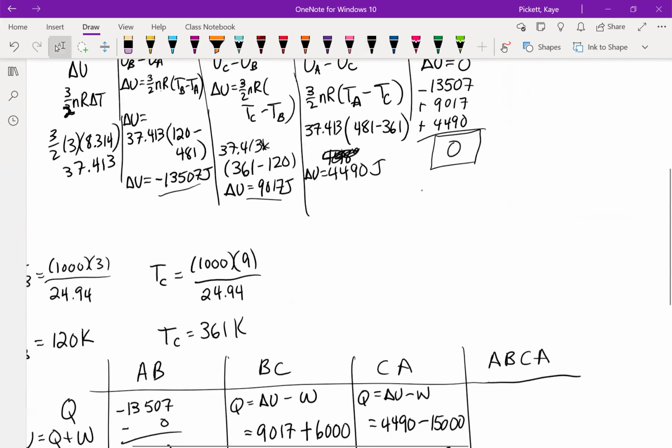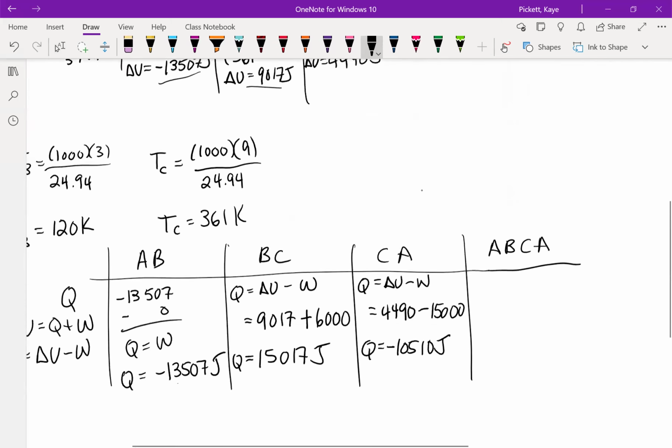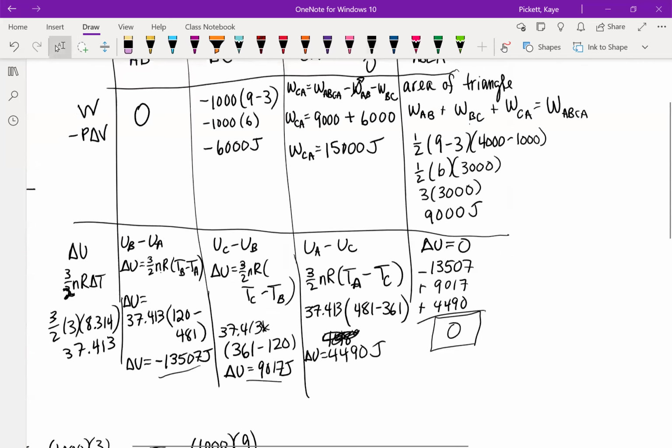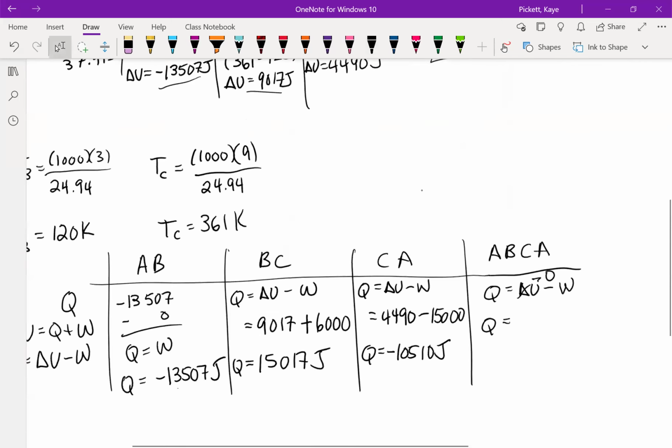So let's take a look here. That's 0. So heat is delta U minus, well, that's going to be 0. And so the work is negative 9,000 joules, and so the heat is negative 9,000. And that should make sense to us.